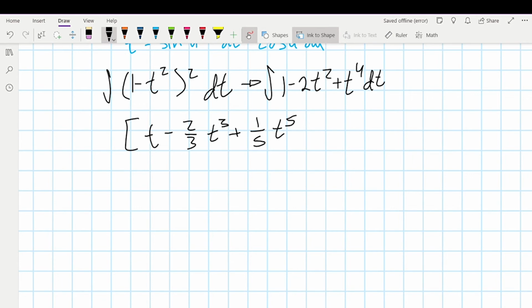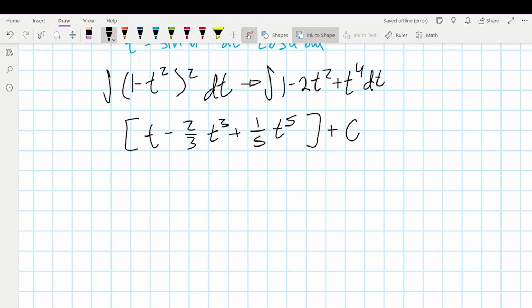So what I just did was I added 1 to the exponent and put the number in front over that number. So this 2 right here became a 3, and I made it 2/3. And same with this one, this 4 right here became a 5, and I put 1/5 because you have a 1 as your constant in front of the t. And then don't forget your plus c.